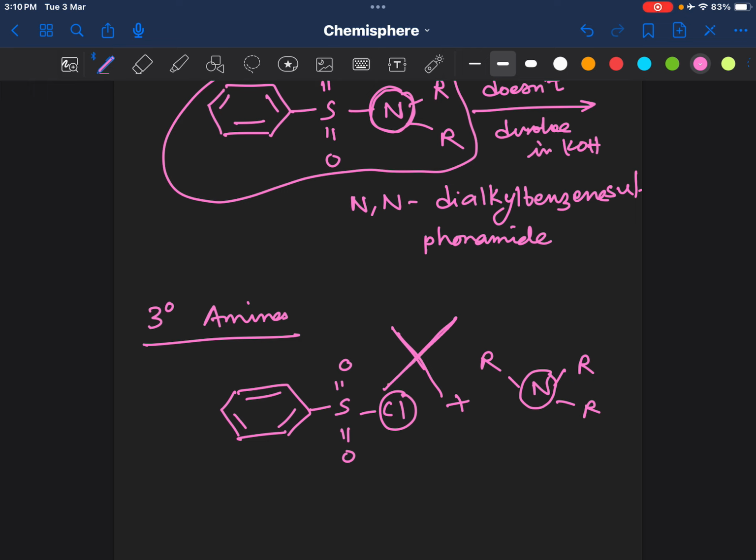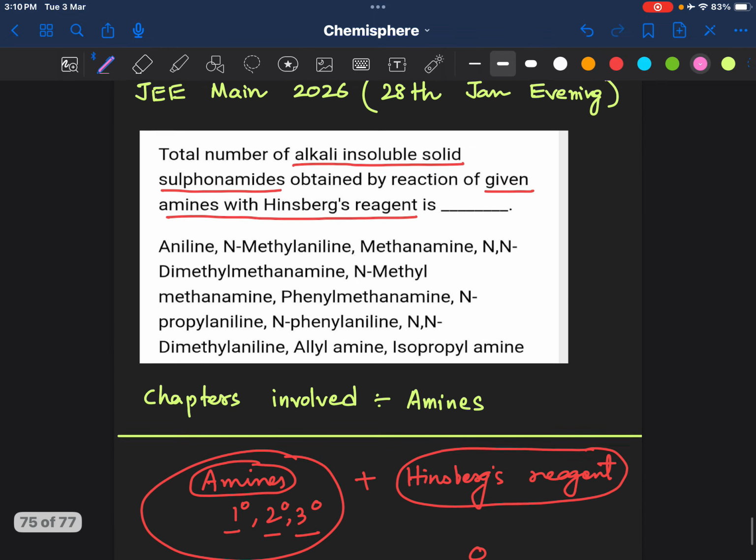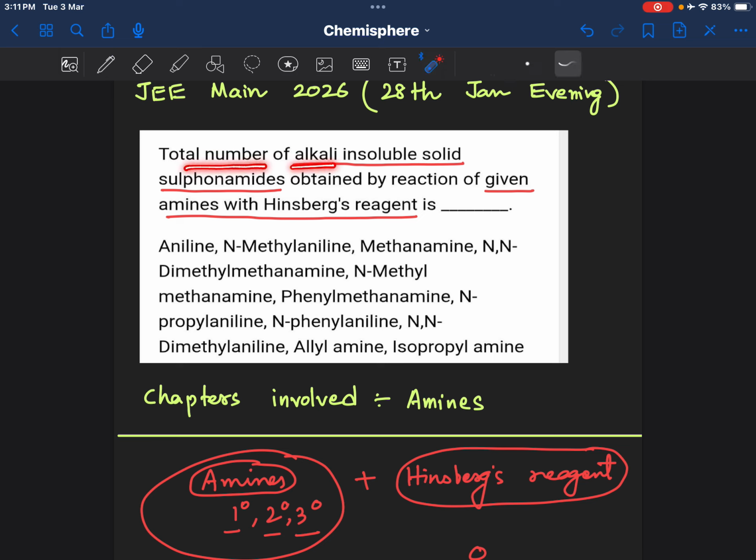This is how primary, secondary and tertiary amines differ with Hinsberg's reagent. Now coming back to the question. It asks for the total number of alkali, that is KOH, insoluble solid sulphonamides. We want alkali insoluble, so we have to choose the 2 degree amines from this list.